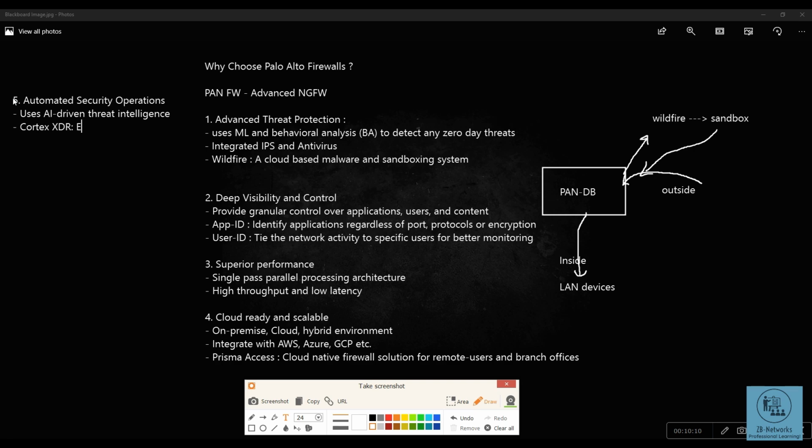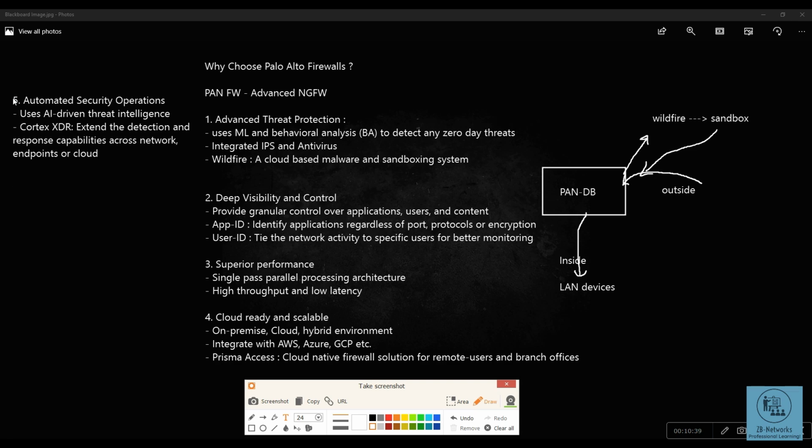So basically it will extend the detection and response capabilities across network or any sort of endpoints or might be cloud.